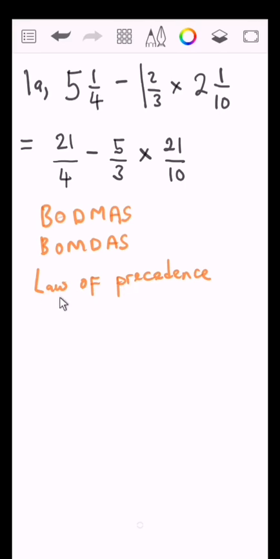The law of precedence inotudza kuti chatinotanga kuita kana tine ma brackets tinosolva zvemukati mema brackets. Then secondly, we either multiply or divide. Zvisina basa kuti tatanga ta multiply tikazodivide here kana tatanga ta divide tikazomultiply.